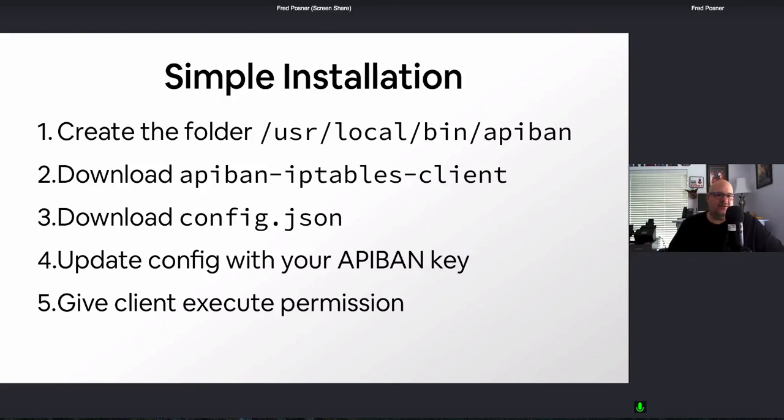You then download the config.json, which is the config in JSON. You update that config with your APIBAN key, and then you give that client execute permission. You could also build the client yourself if you wanted to. You don't have to use our pre-built one, but it makes it simpler.